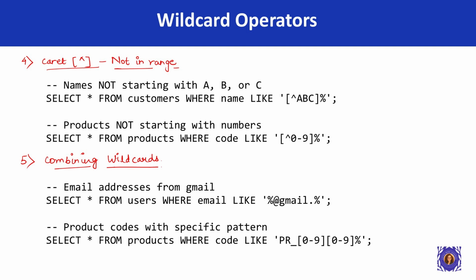Another common use case is when looking for product codes that follow a very specific structure. For instance, you could search for codes that start with PR, followed by an underscore, and then 2 specific digits, allowing for any characters afterwards. This demonstrates how combining wildcards enables precise pattern matching for complex data.